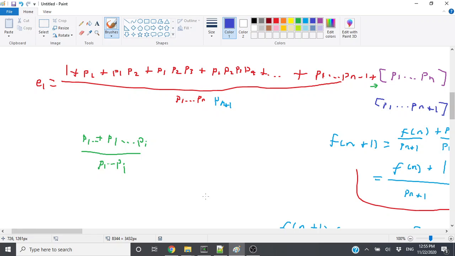I understand now. What would this be? This isn't exactly perfect. Wait, we do need the 1 here. Okay, I kind of messed that up, but minus 1.